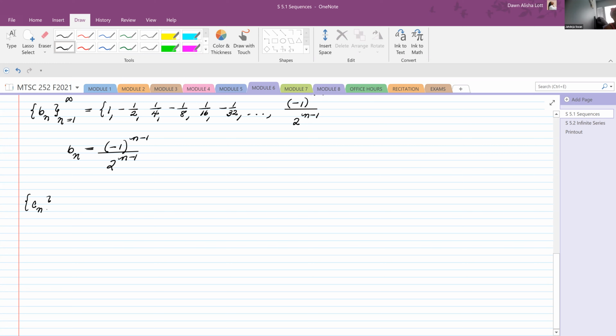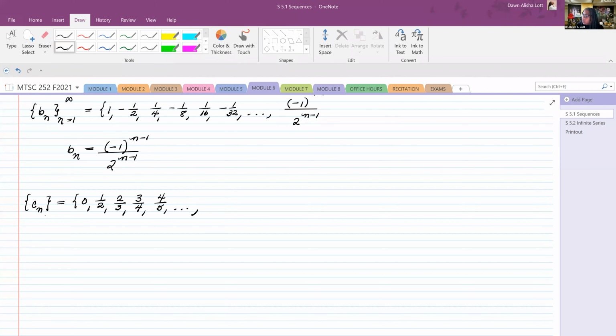Okay, c_n, and c_n is 0, 1/2, 2/3, 3/4, 4/5. And can anybody give me an idea of what they think the nth term is going to look like in this sequence?